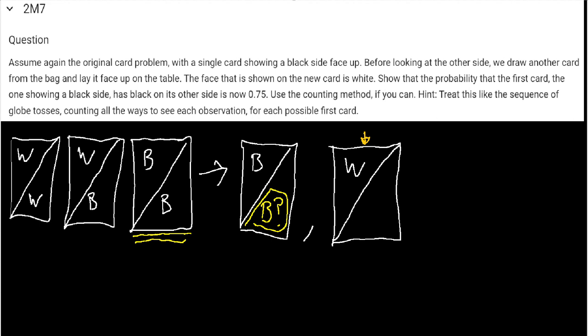So because of that, we can't treat these two pieces of information as independent. We have to think about them as being dependent, and we're going to treat them as a sequence of observations. So rather than saying, okay, my first piece of information was I saw a black face, and the second piece of information was that I saw a white face, we're not going to treat these as independent observations.